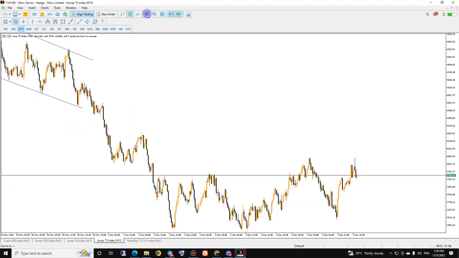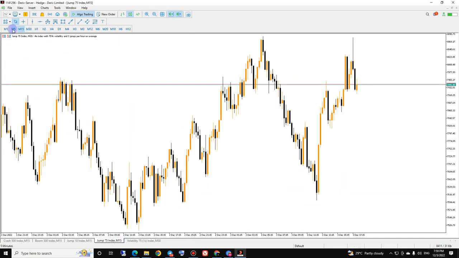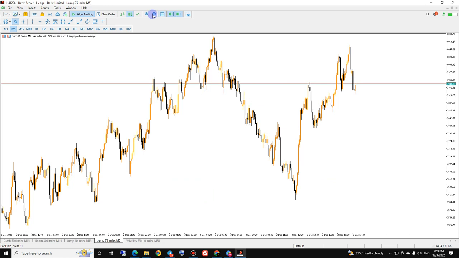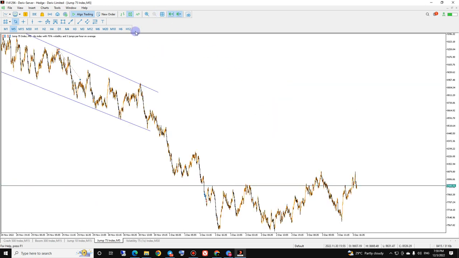As you can see, ladies and gentlemen, this is the area that I'm looking at. This is Jump. This is what is happening now. I don't like using MetaTrader 5 for analysis, because normally I'm unable to draw these straight lines.